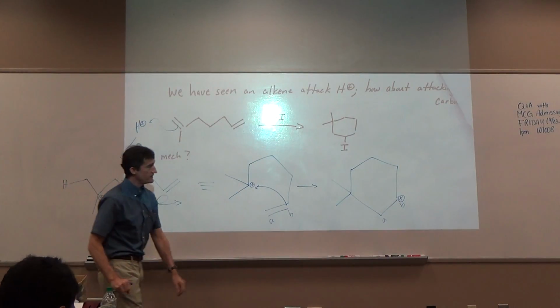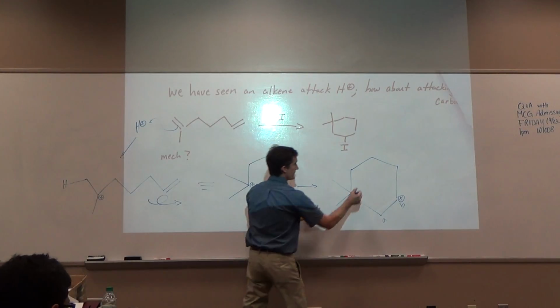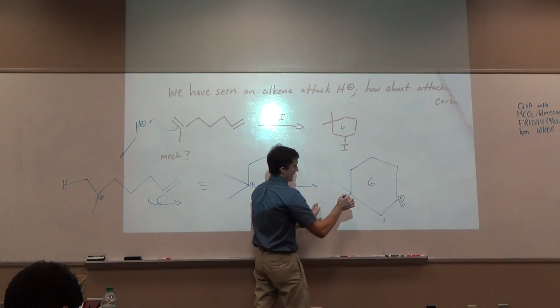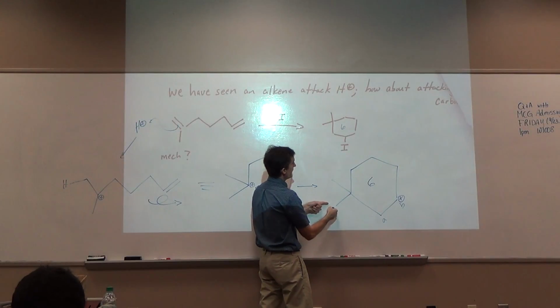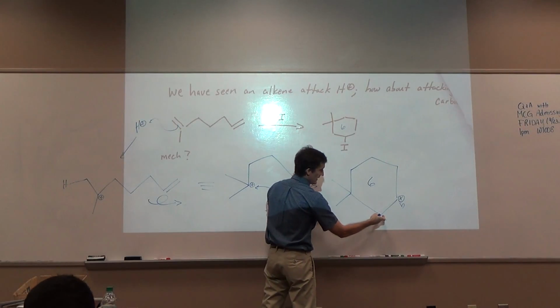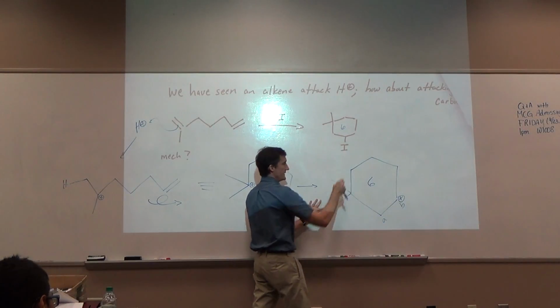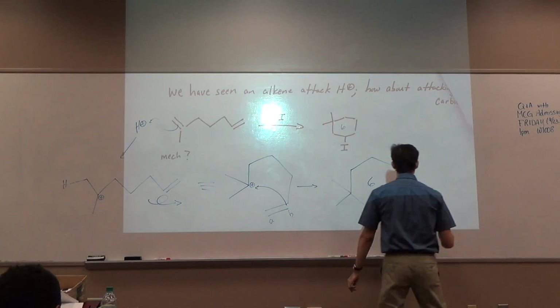Okay, are we home free now? What do we have? We now have a 6-membered ring, carbon with two methyls, and then not the adjacent carbon, but the next one has an iodine. How in the world did we get an iodine there?